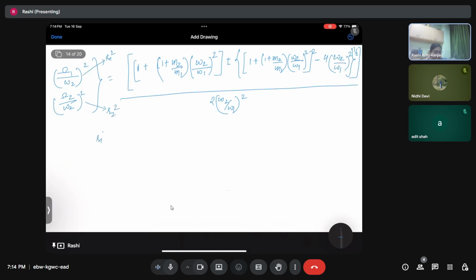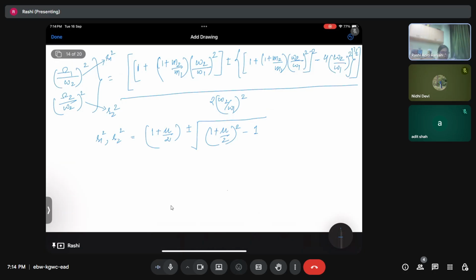So we'll have r1 square, r2 square as 1 plus mu by 2 plus minus under root of (1 plus mu by 2) whole square minus 1. Okay, this is what we have.